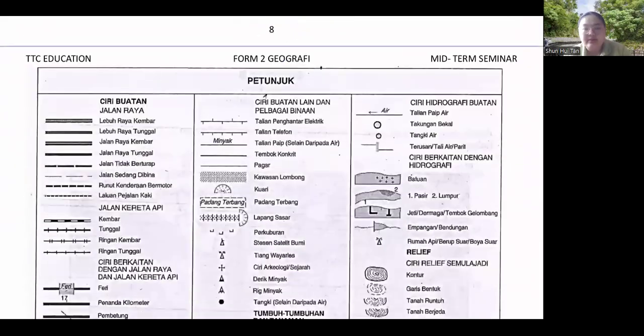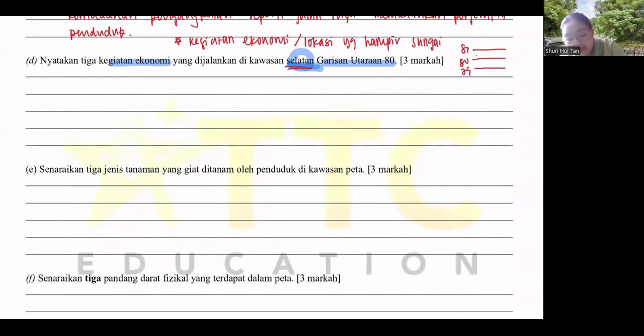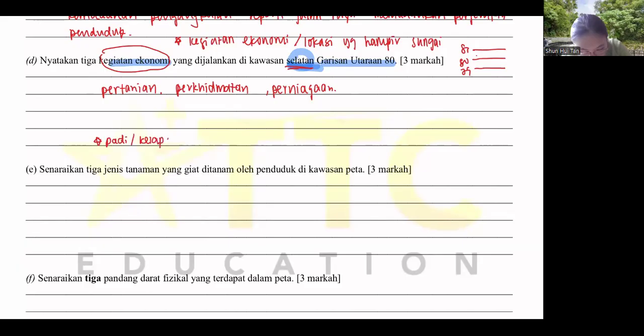Now, one thing, so your answer will be pertanian, perkhidmatan, dan perniagaan. Just find a place to write down, okay? If they ask you kegiatan ekonomi, normally it is like this. If you see paddy, kelapa, all the plants, kelapa sawit, getah, we will name them pertanian.